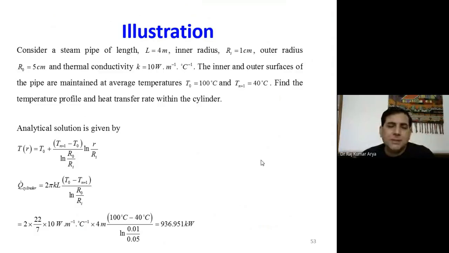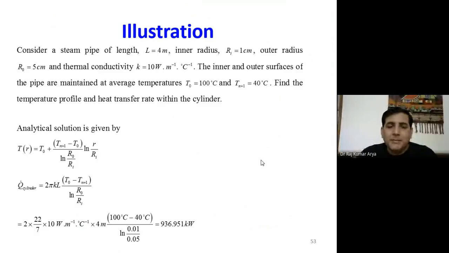So you are supposed to find the temperature. Practically, this is transfer of steam or something. Let's say you are maintaining 100 degrees Celsius somewhere, and the outside temperature is 40. So it is a typical heat transfer problem in a pipe.